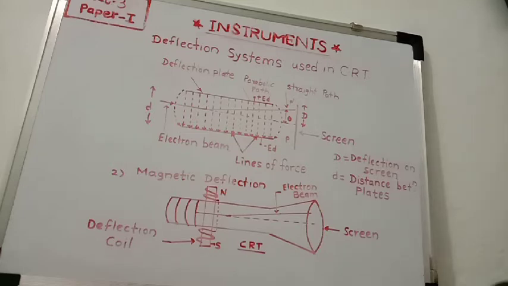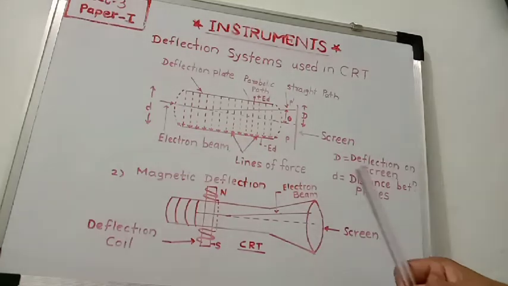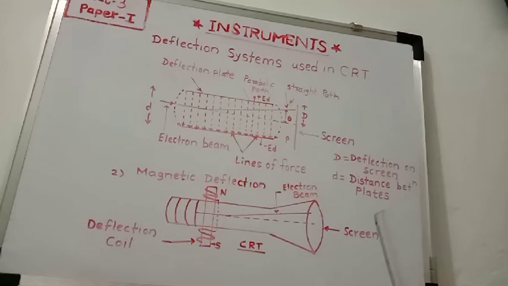Such a type of CRT is used in TV receivers. In TV receivers, there are two deflection coils, a vertical deflection coil and a horizontal deflection coil. These coils, V1, V2 and H1, H2, are placed around the neck of the tube, and the electron beam is deflected on the screen.